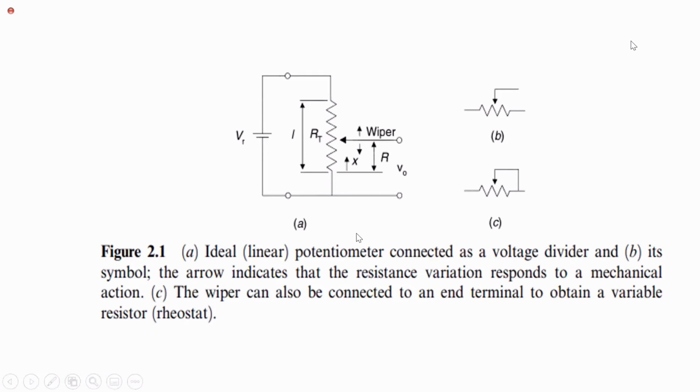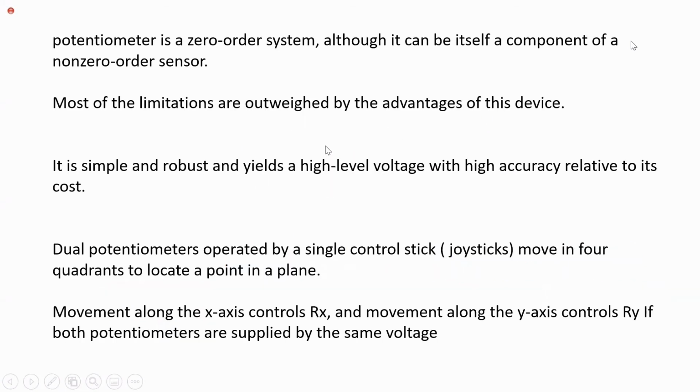So we have two types of potentiometers, linear potentiometers and rotary potentiometers. If you move the wiper, its resistance will vary. If you observe the circuit here, we are supplying voltage, and the voltage source is connected to a resistor in series. So the wiper contact will make changes in the resistance.